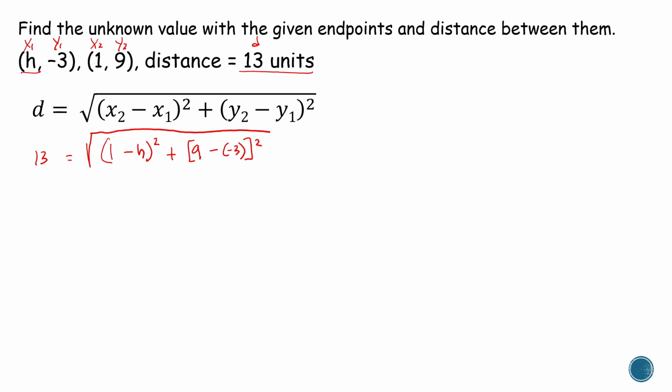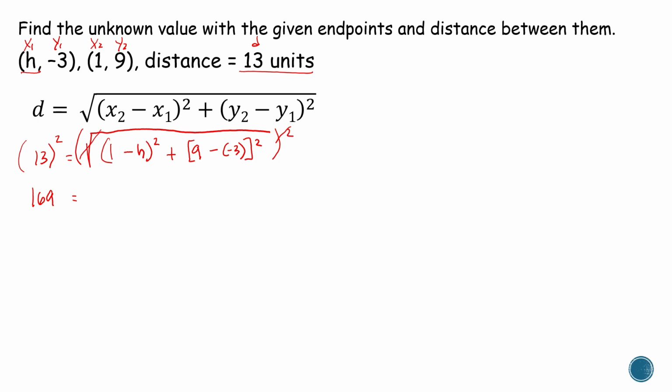So what I'm going to do here is I will first remove the radical sign. To do that, I will square both sides. This will give me, the left side is going to be 13 times 13, which is equal to 169.